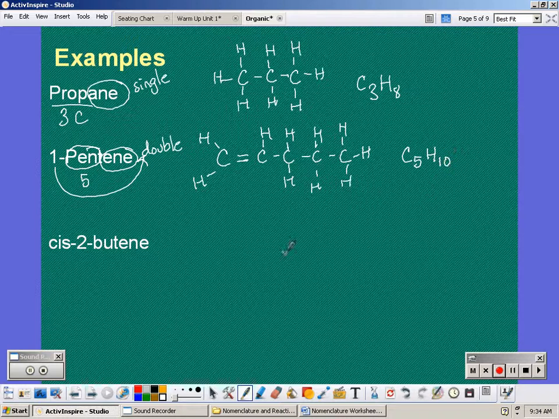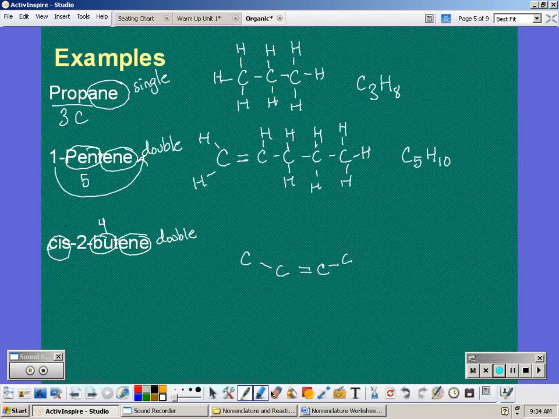Here we have cis-2-butene. So butene again tells me I have the double bond. But means 4. Now this cis part means that the molecule is bent on that double bond, and that the 2 end carbons are going to be bent the same direction, like that.